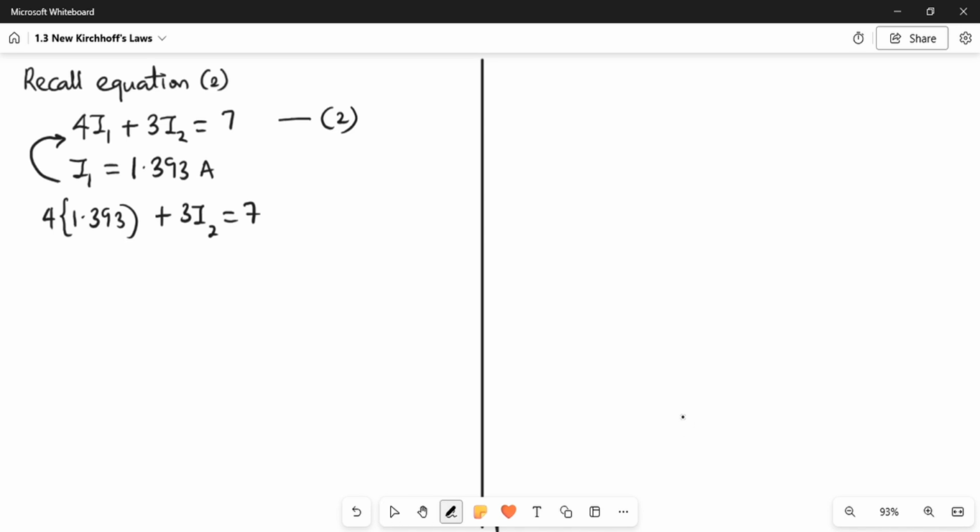We proceed further, we have 5.572 plus 3I2 equal to 7, and 3I2 equal to 7 minus 5.572.